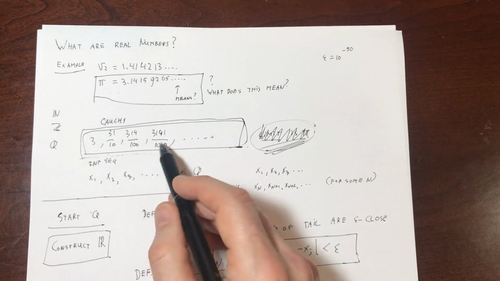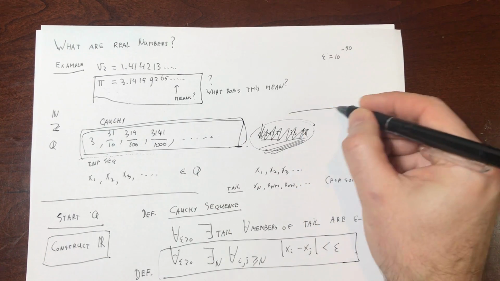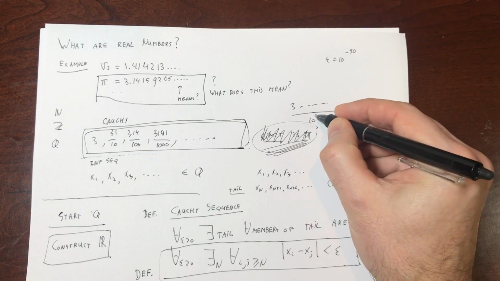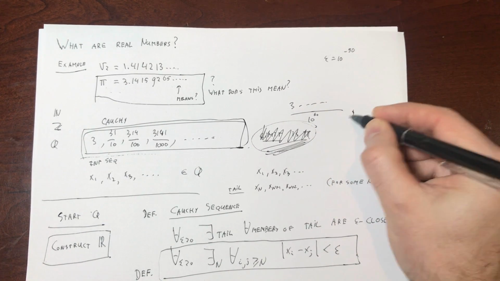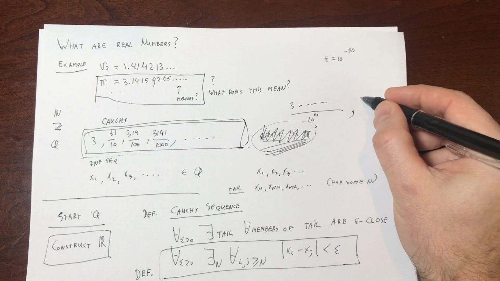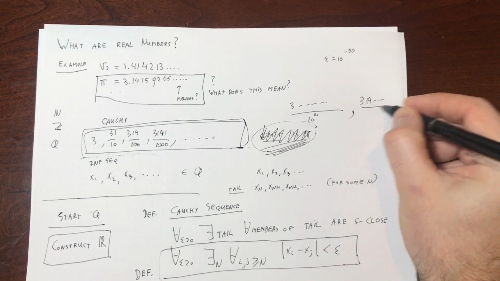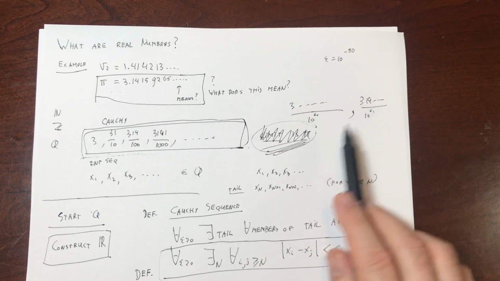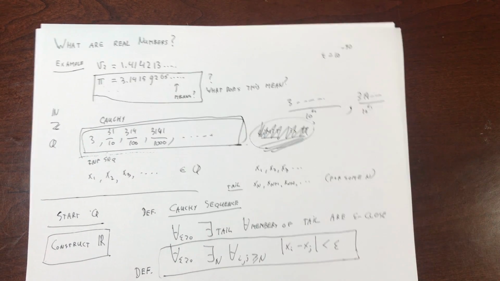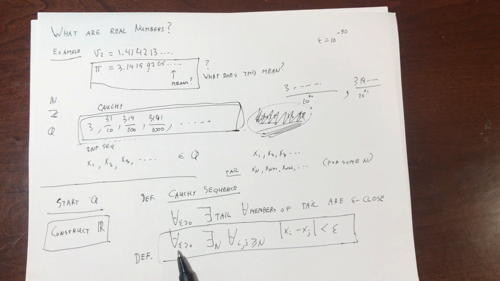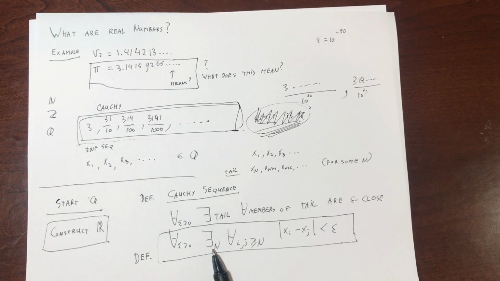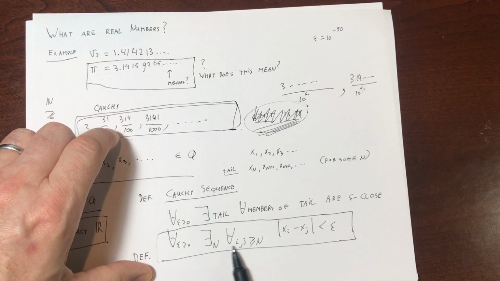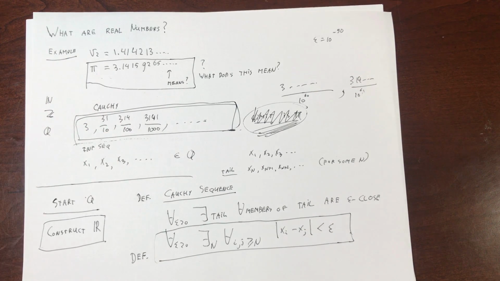So if I throw away the first 50 or 60 terms, then I'll have something that looks like some big number divided by, I don't know, 10 to the 60. And then the next term in the sequence is some big number divided by 10 to the 61. And the distance between these two is on the order of 10 to the minus 60, which is less than epsilon. Okay, so no matter how small you make epsilon, there will be some cutoff point such that beyond the cutoff point, everything gets really, really close to each other.